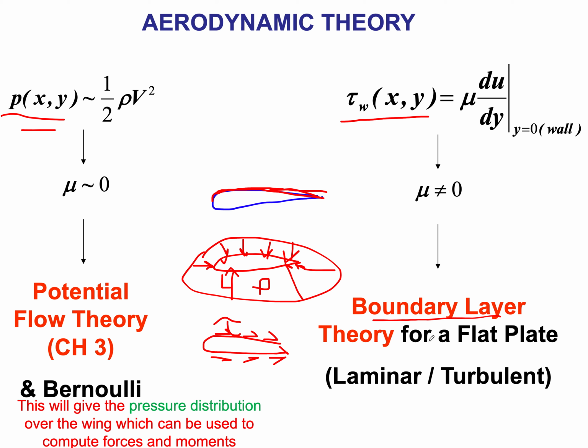And in that theory we were able to propose formulae for the shear stress distribution, which we refer to as the CF, the friction factor, or the drag coefficient for the total.